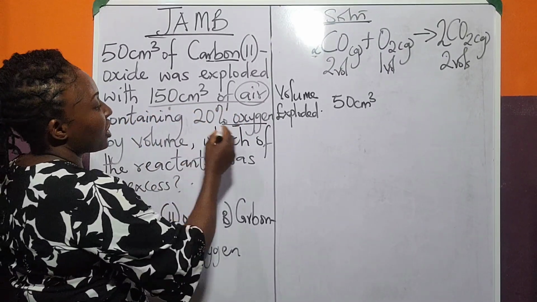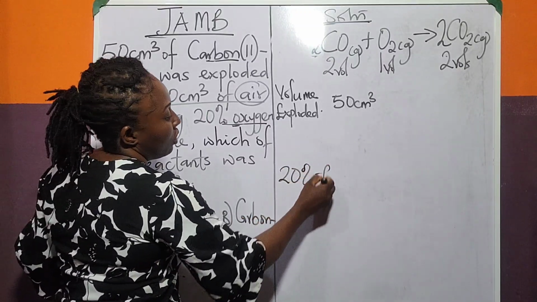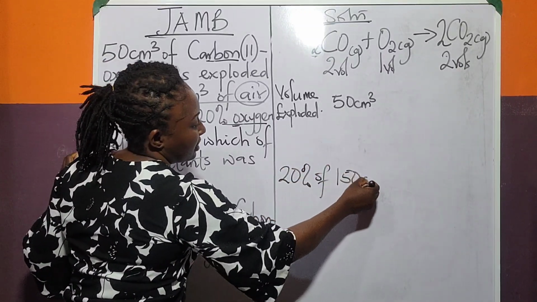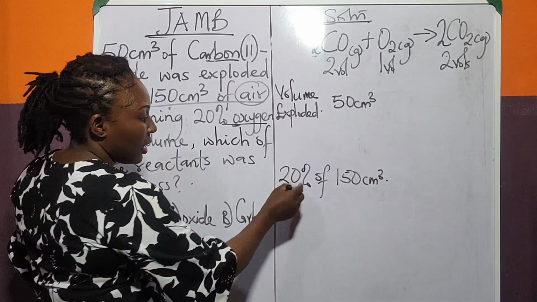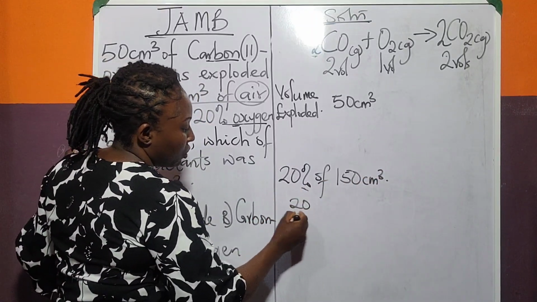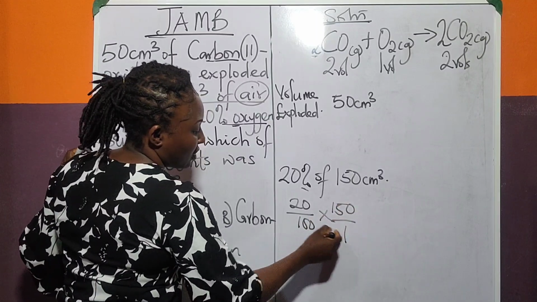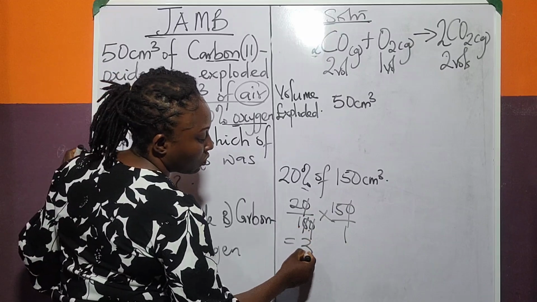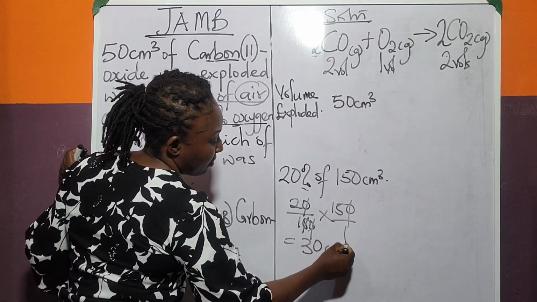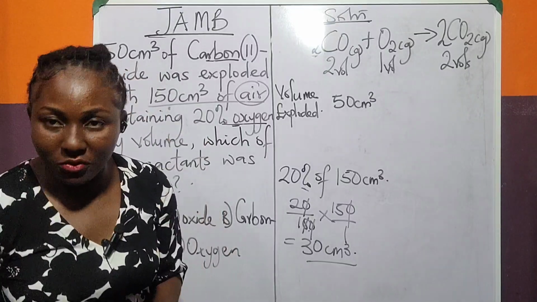So I will check 20% of 150 cm³. That is the quantity of oxygen there. And 20% is simply 20 over 100 times 150 over 1. So it is equal to 30 cm³. So 30 cm³ of oxygen was provided.